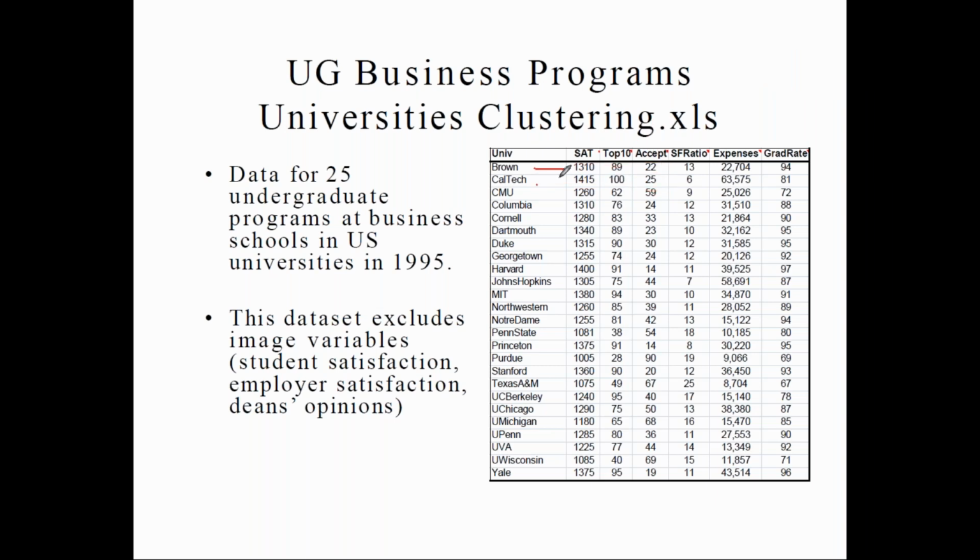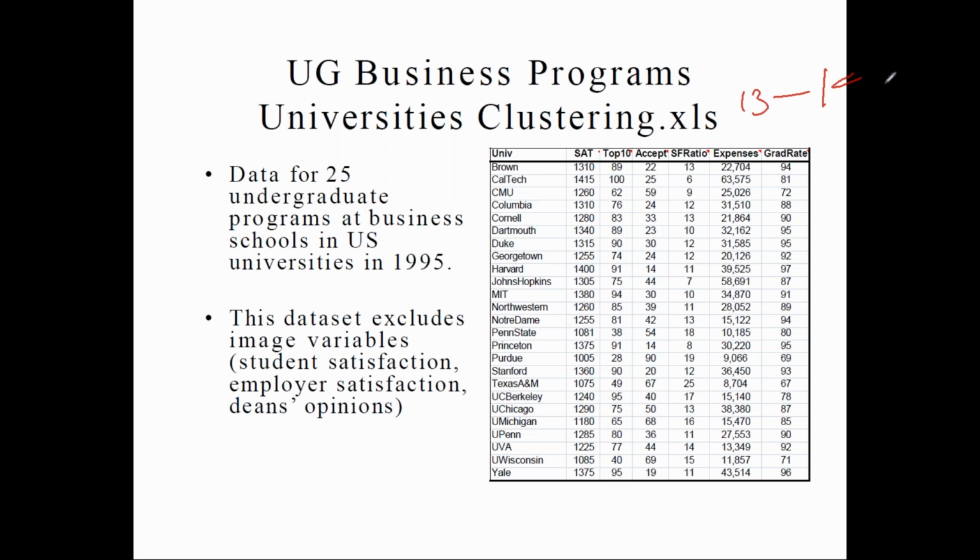And this is called SF ratio. Any idea? Student faculty ratio. What is this 13? For one faculty, 13 students. For every 13 students, we have one faculty.